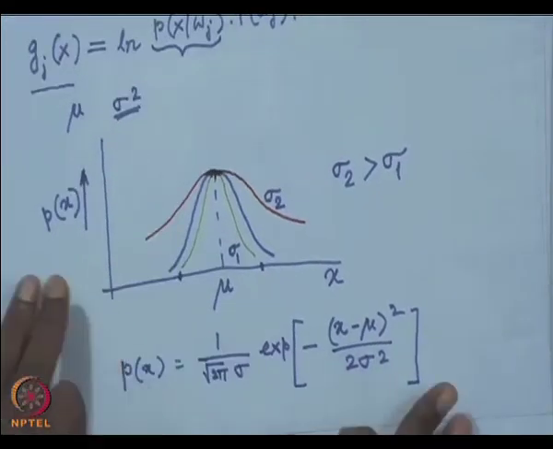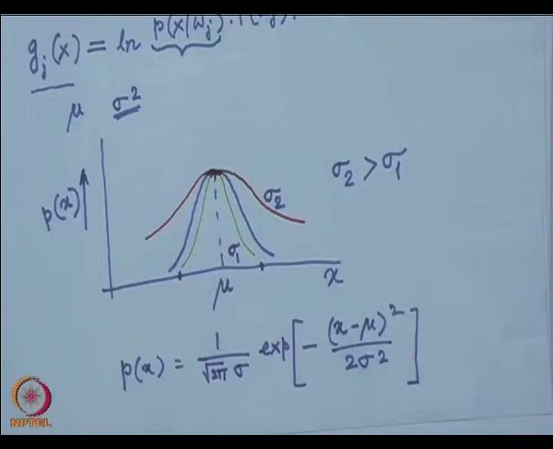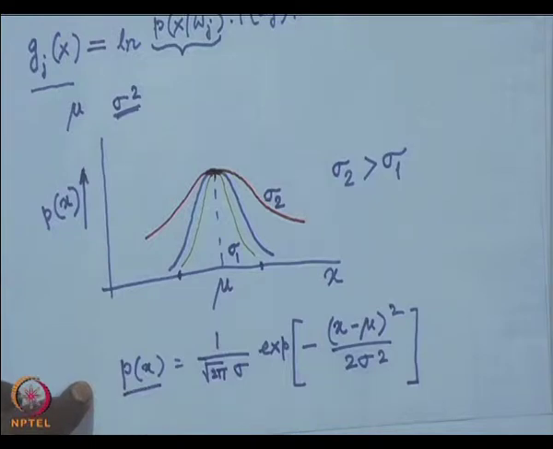So, this is a well known form of a Gaussian expression, and over here this represents the probability density function of x.